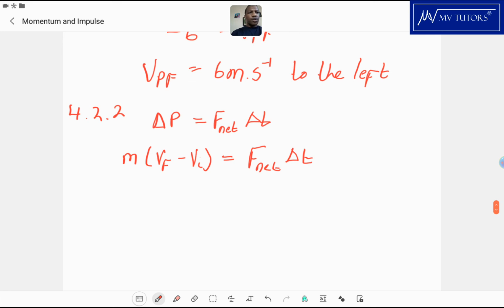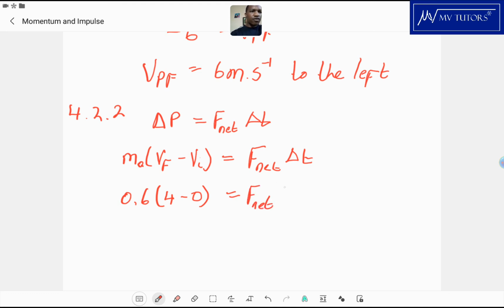Okay, so we know that the mass of Q is 0.6. We know that its final velocity, as given, was 4, minus the initial velocity, which was 0 because it was stationary. And the net force, that's what we're looking for.